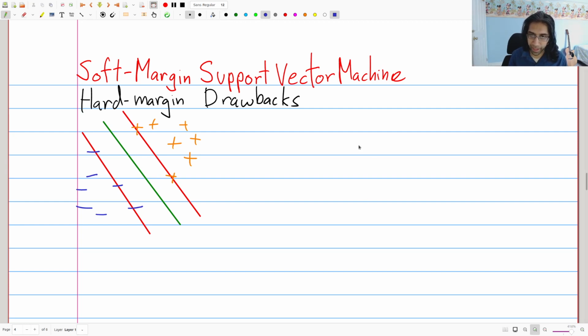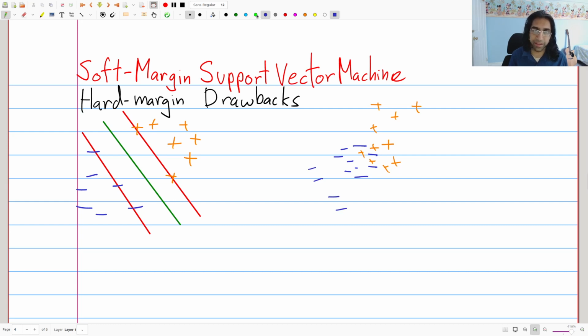For example, one drawback would be, suppose we have a data set which looks kind of like this for the negative points, and something like this, and you have maybe more points over here.